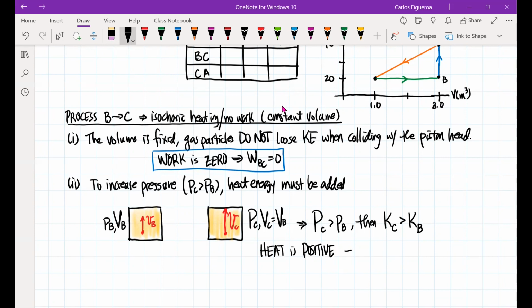And if it's positive, that tells me that the heat between B and C has to also be greater than 0.